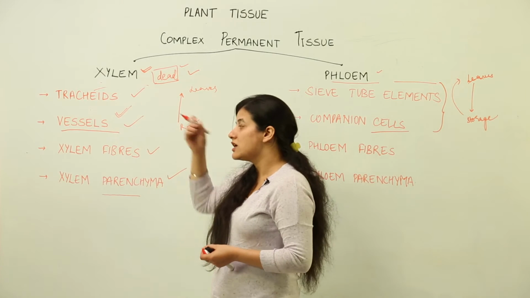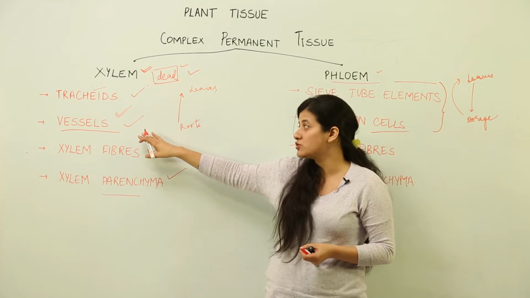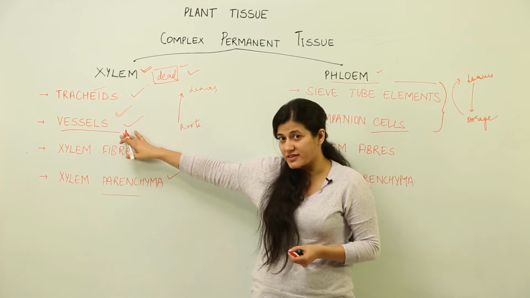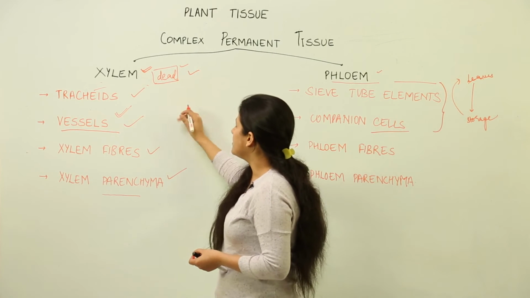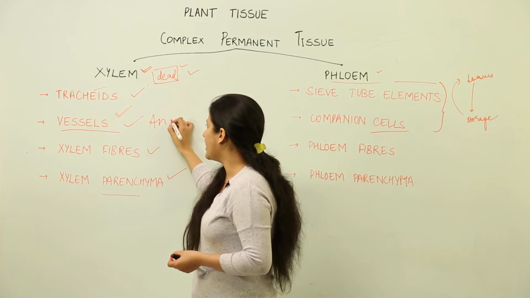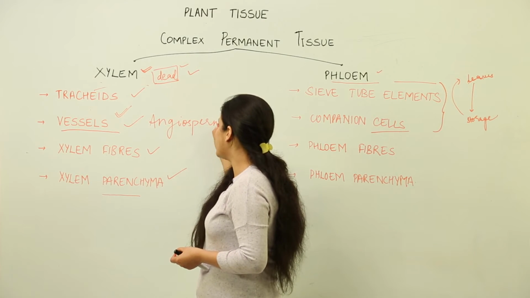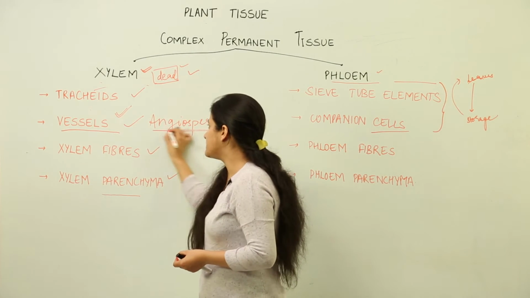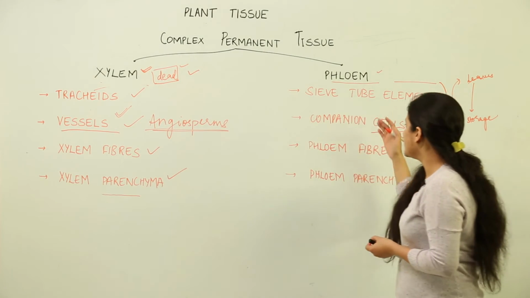That means the higher plants, or the plants which make the climax communities in most of the ecologies, would have vessels. Or in other words, vessels would be the primary conducting cells in the most complex plants, which happen to be Angiosperms, and these vessels are not found in Gymnosperms, remember that.